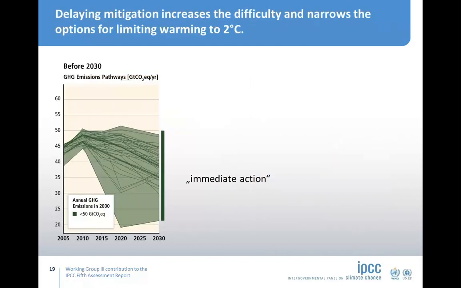Delaying mitigation increases the difficulty and narrows the options for limiting warming to 2 degrees. So the message is we need immediate action. And what we're seeing here is this idea that we peak the greenhouse gas emissions now and we start to drop it immediately.